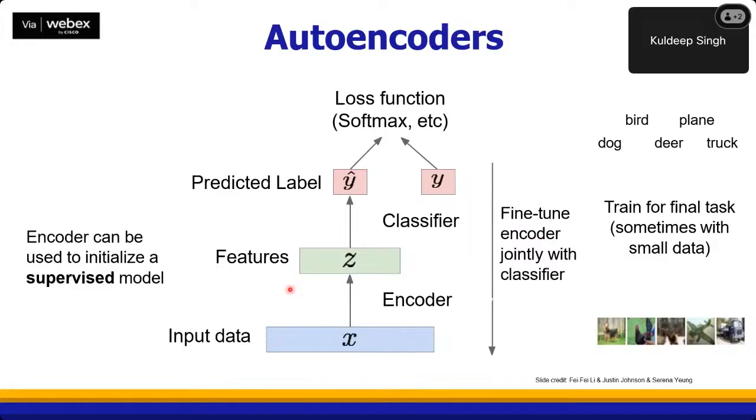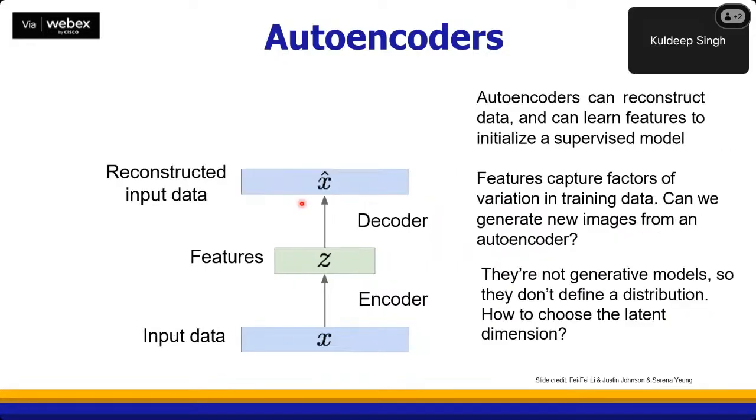Since we are computing a compact, very accurate representation of this input data, we have learned this representation. Now we can use a very small labeled dataset for training this classifier. So that's how it is helping us in supervised learning. I hope the question is clear.